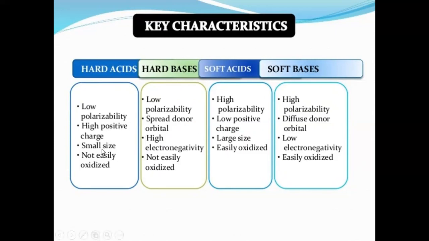And these are small in size. Here these are large in size. These cannot easily be oxidized, and these cannot be easily oxidized.